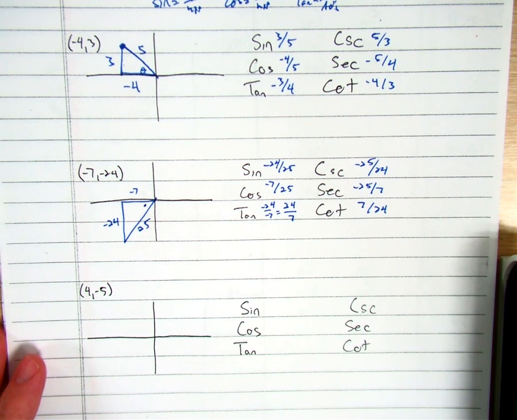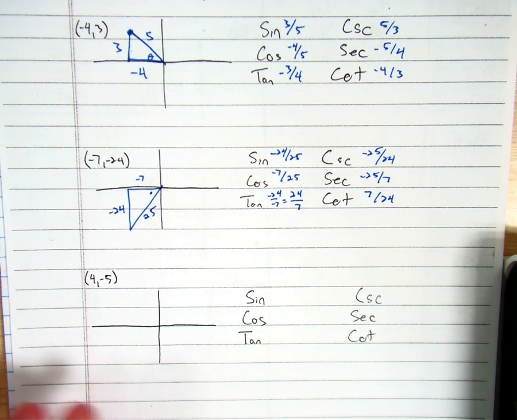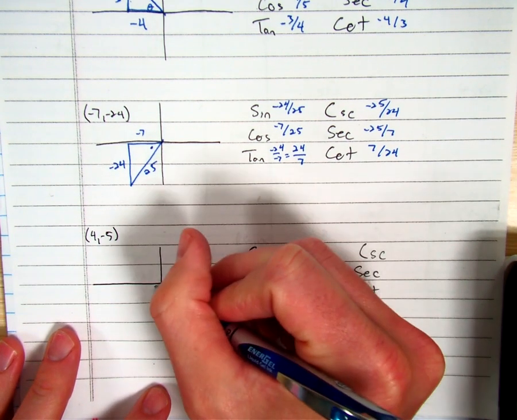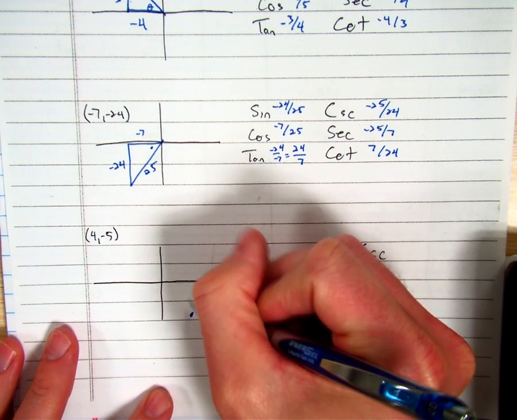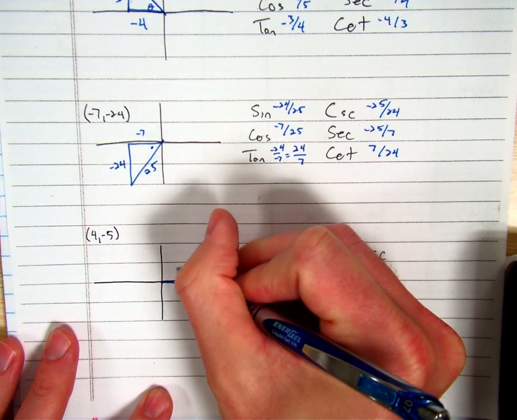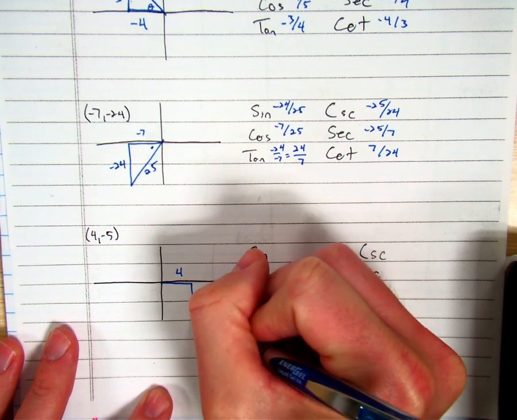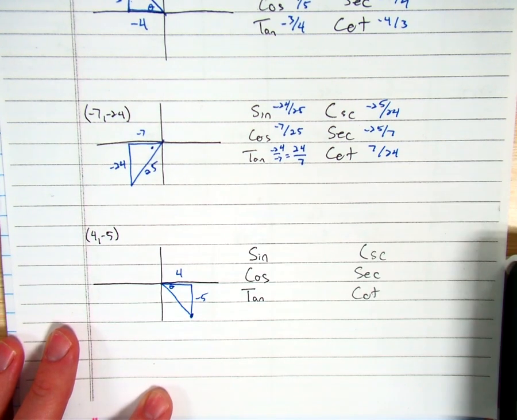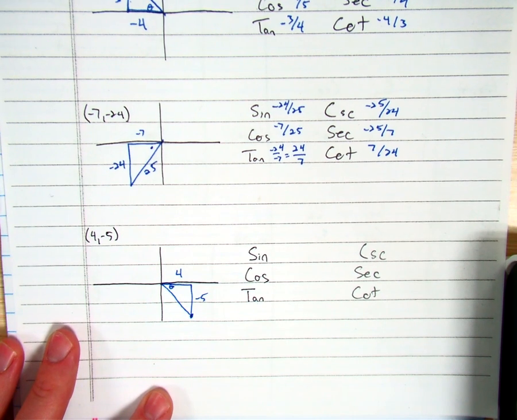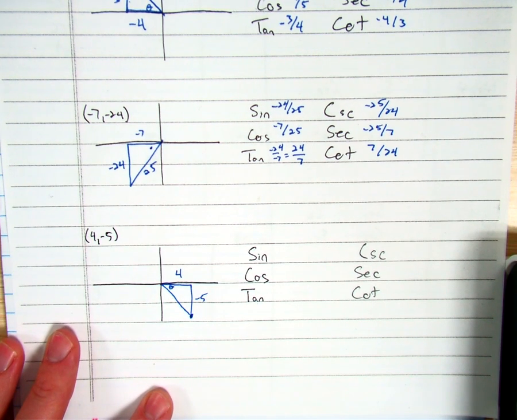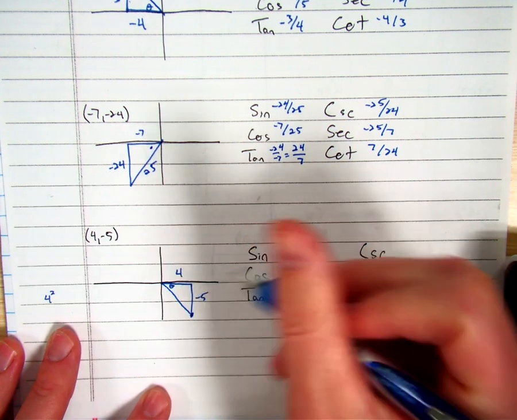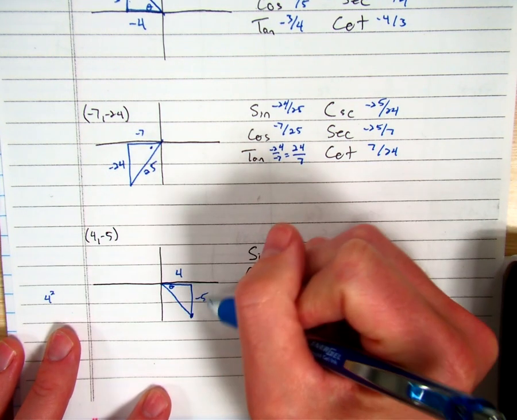Fourth one I'm going to do with you because it's not a perfect one. You're not always going to have perfect ones. So we got 4, negative 5, over 4, down 5, boom, boom. There's our theta. So we got to do a little 4 squared. Now before you call it 3, you're like, oh, it's a 3, 4, 5.